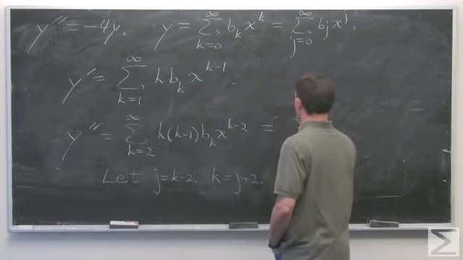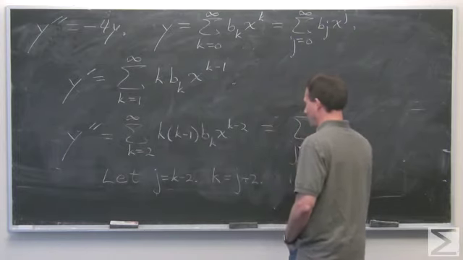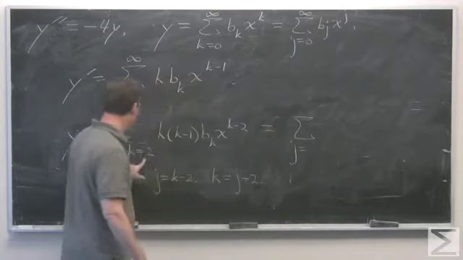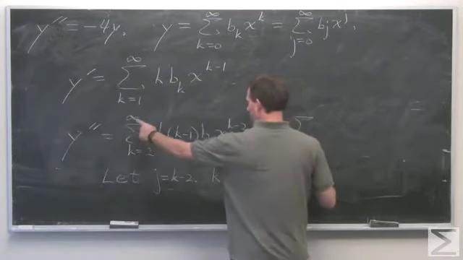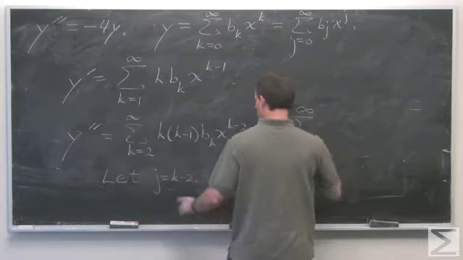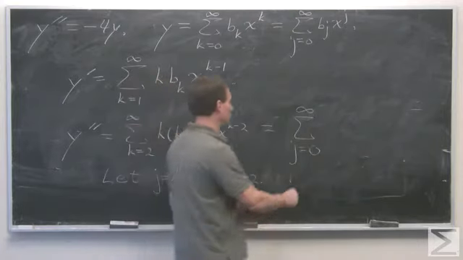This summation then becomes the sum as j. When k is 2, j is 0, so this starts at 0. And as k goes to infinity, j certainly goes to infinity.